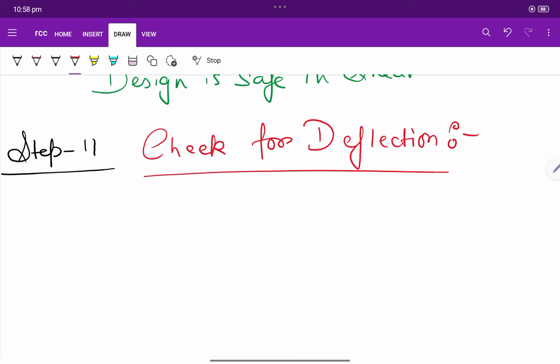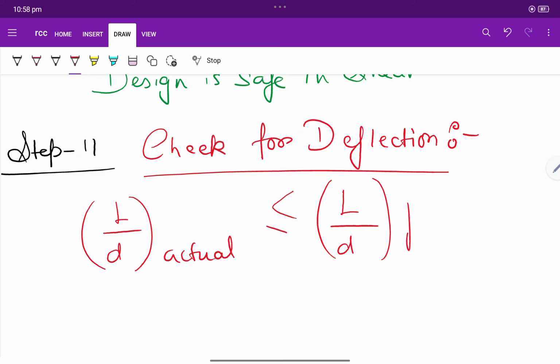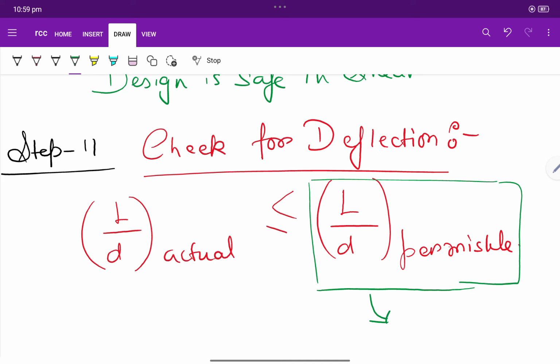So how will we calculate it? L by D actual should be less than or equal to L by D permissible. I know that it is not understandable, I am just explaining it. See, L by D permissible is the A value, like we saw now: the value for cantilever is 7, for simply supported beam is 20, up to span 10.